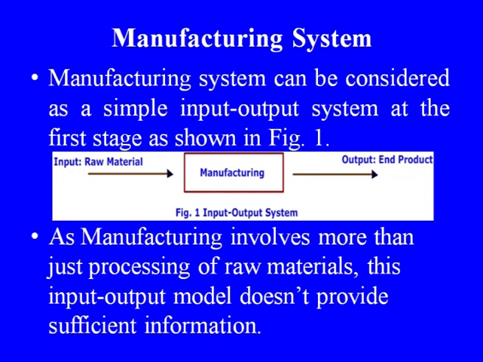As manufacturing involves more than just processing of raw materials, this input output model does not provide sufficient information. Manufacturing as a system involves other inputs like energy, planning, appropriate machineries and product or customers requirements apart from raw materials.